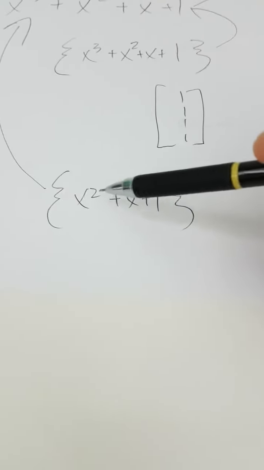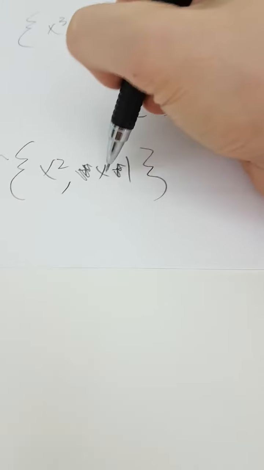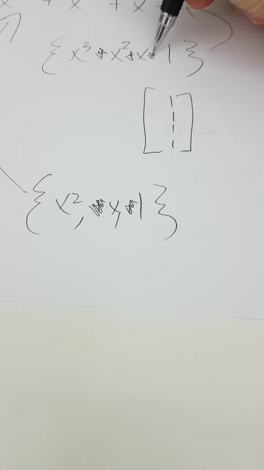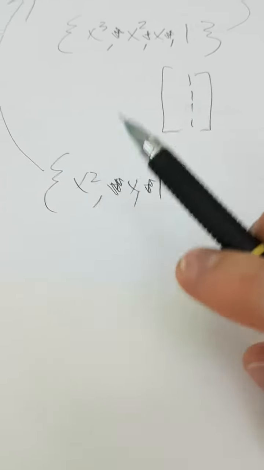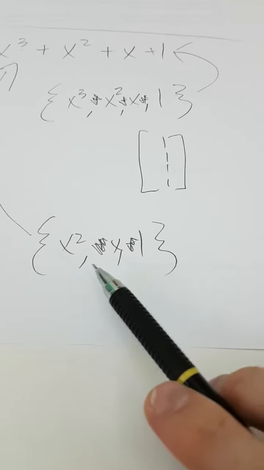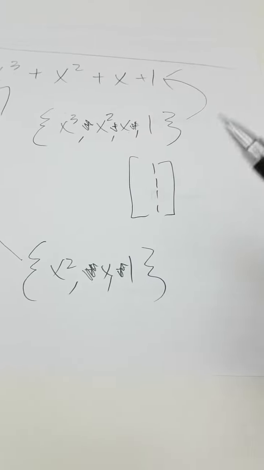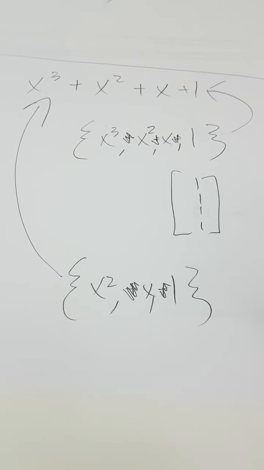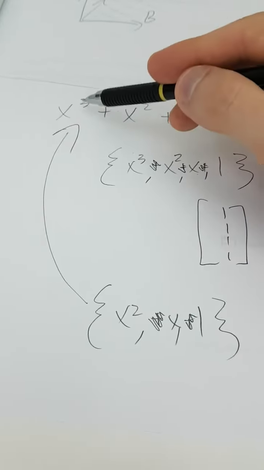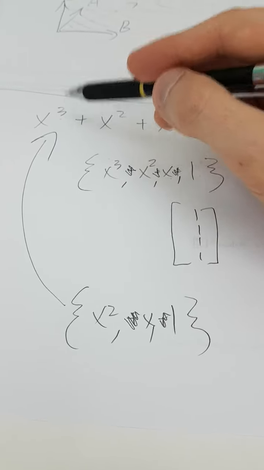Sorry, there shouldn't be pluses, there should be commas. You cannot combine any of these elements in a linear way to get this. You can't add any of them together or multiply them. There's no real number, 3, 100, 1,000,000, 0.5, that you could multiply by one of these to make it magically become x cubed, right? So by linear combinations, you're out of luck.